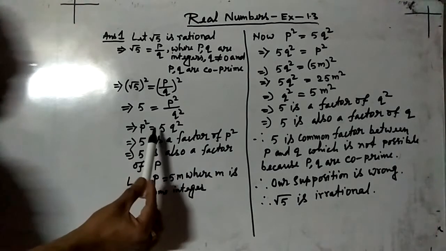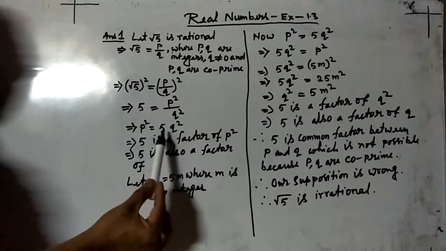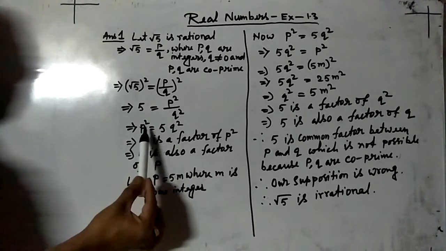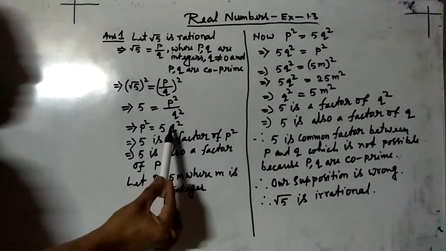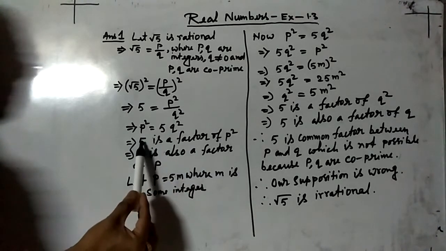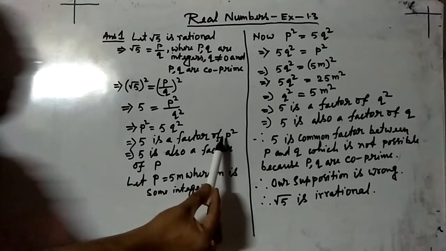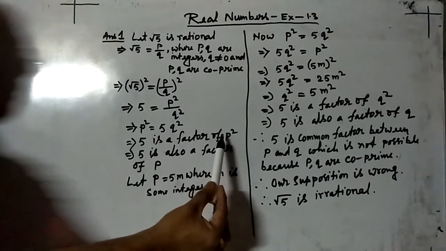Now if p square equals 5q square, it means 5 is a factor of p square. It is clear, because p square equals 5 into some number. So here we can say 5 is a factor of p square. Now p square is a perfect square number, right?